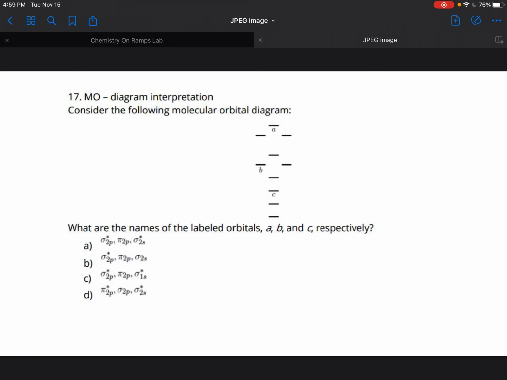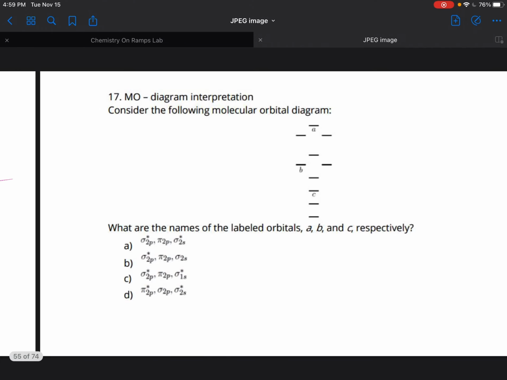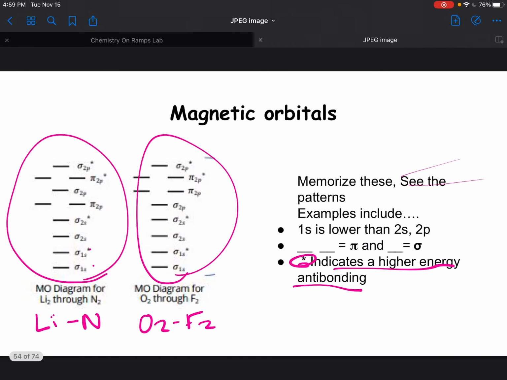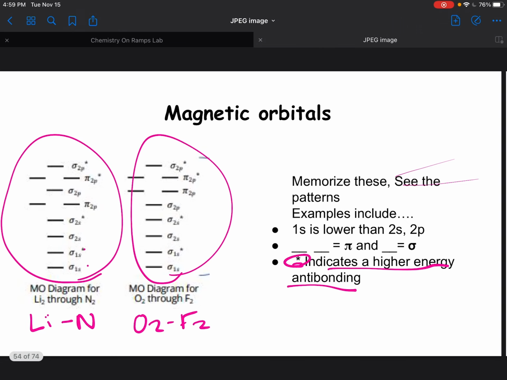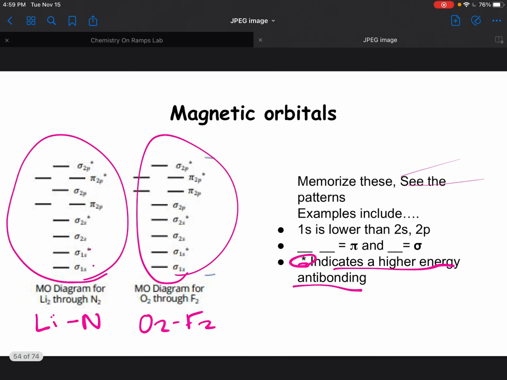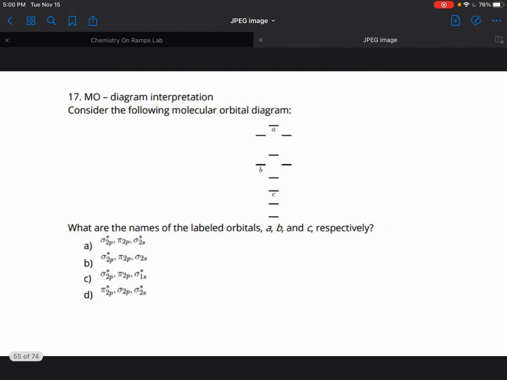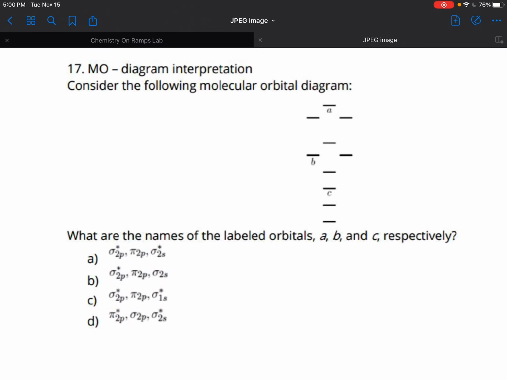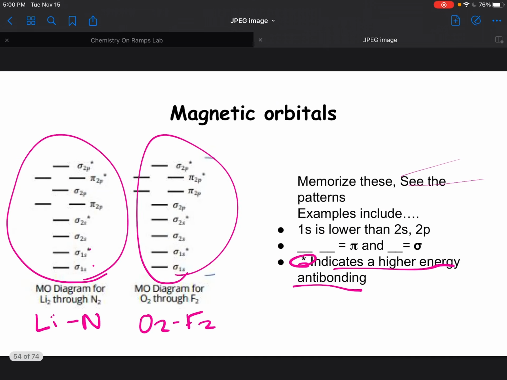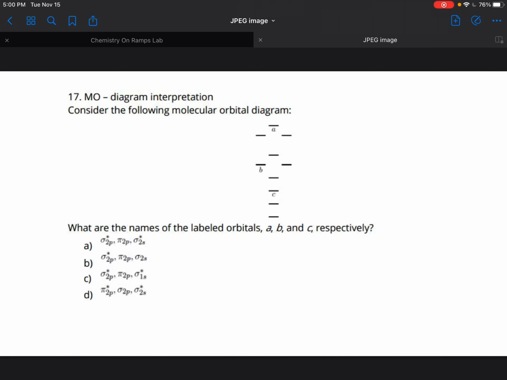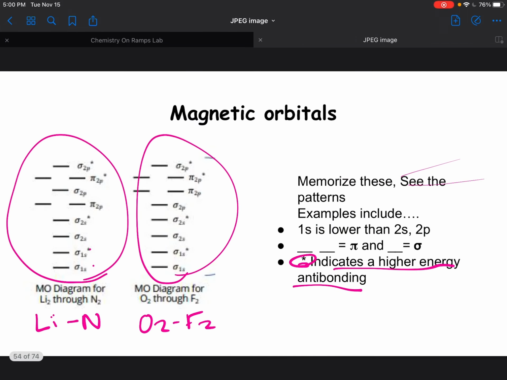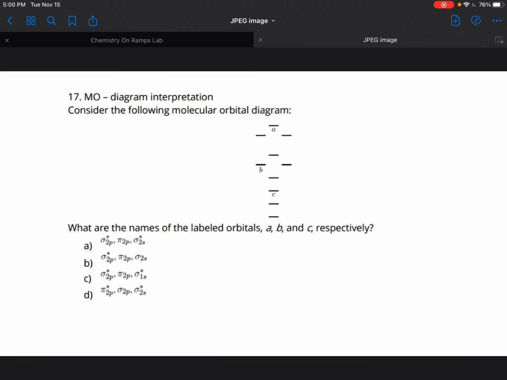So considering the following molecular orbital diagram, what are the names of the labeled orbitals A, B, and C? So A. This looks like a molecular orbital diagram from lithium to nitrogen. So A would be that sigma 2p with the little asterisk on it.